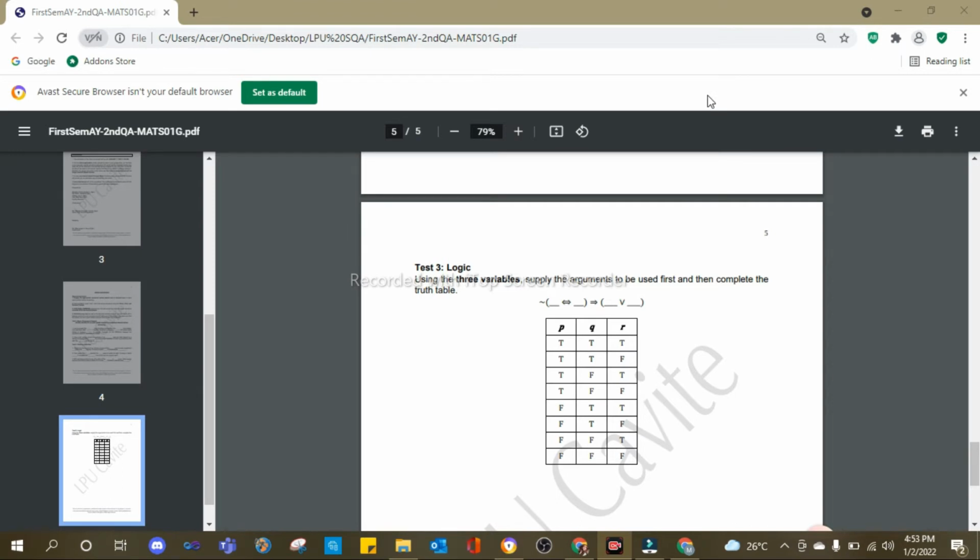The Q is T, T, F, F, T, T, F, F, and then the third variable will be T, F, T, F, T, F, T, F. What we're going to do here is solve this problem. First we supply the arguments to be used, and second, we complete the truth table. So let's go.